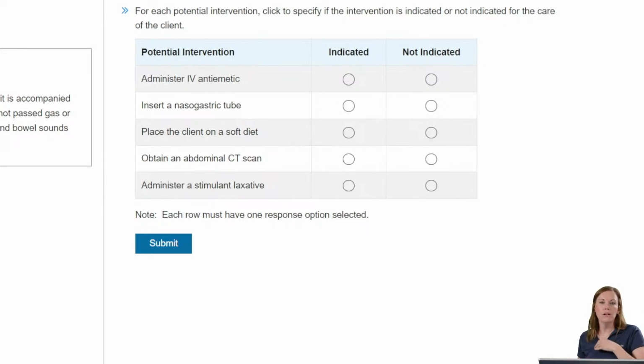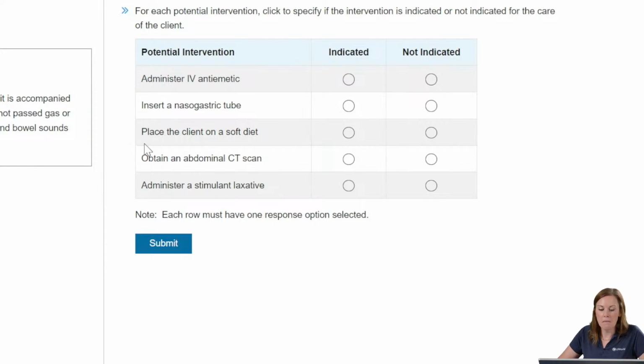Think about it: we want the client to be NPO. We don't want any more food or liquid going down into our GI system. And then we want to do things that are going to alleviate it, so taking anything out of the body above the site of obstruction where we can access it. Knowing that, we're also going to do some symptom management. We'll go through and click these options.